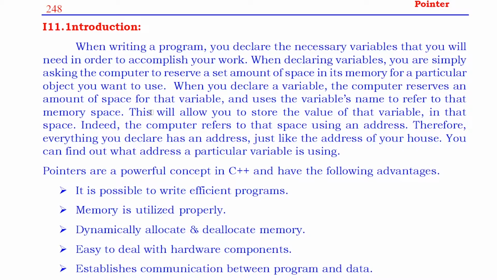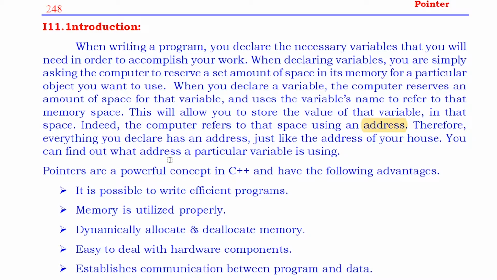The computer refers to the space by using the address. We just use the name of the variable, but in reality the computer doesn't work with the name, it works with the address. Therefore we can find out the address of a particular variable. When a memory space exists, it must have some address.